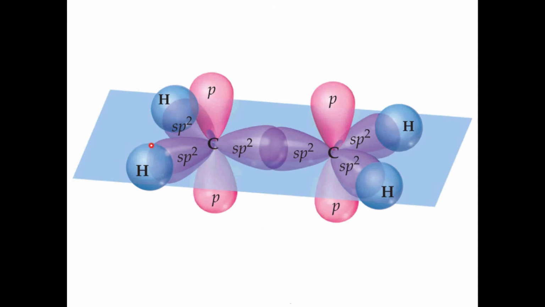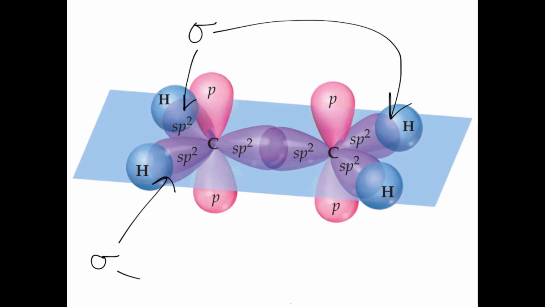Likewise, we can see our hydrogen 1s orbitals, and therefore we can clearly identify where the sigma bonds are in this particular species. We can see a sigma bond formed by the overlap from this hydrogen atom with the sp2 orbital of this carbon, likewise over here. And of course, we could say the same thing about what's going on the other side.